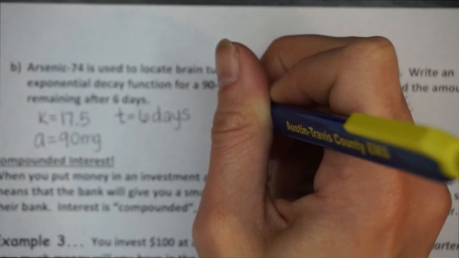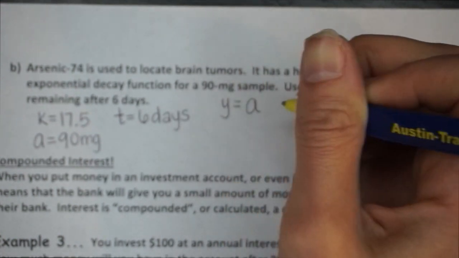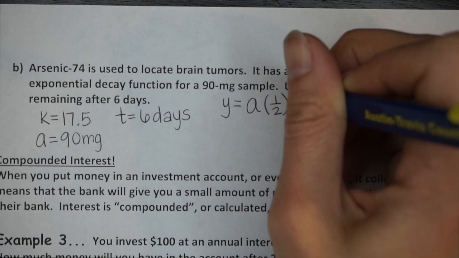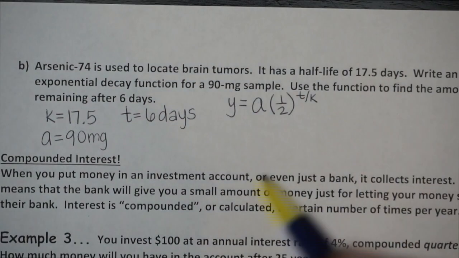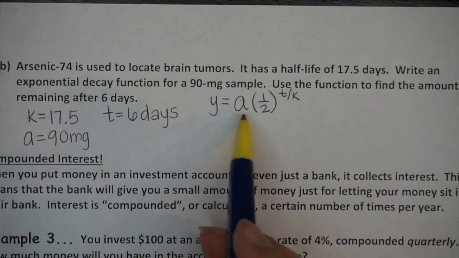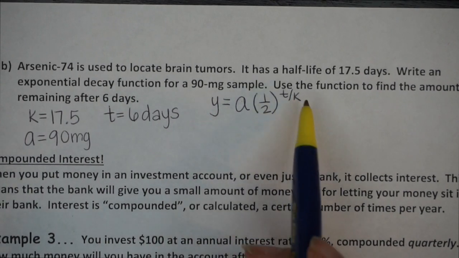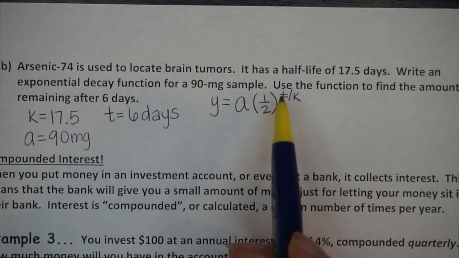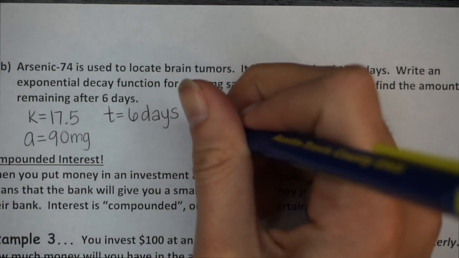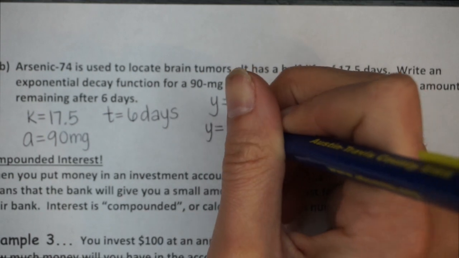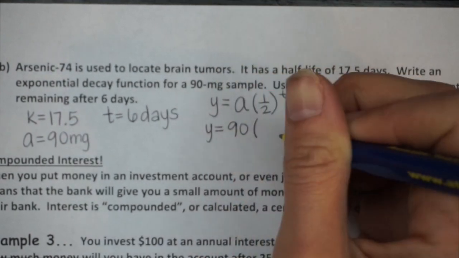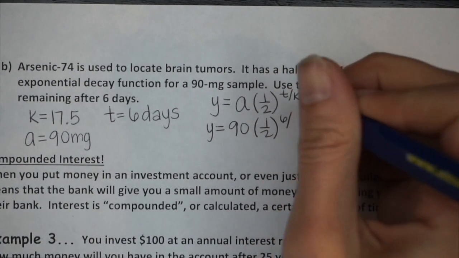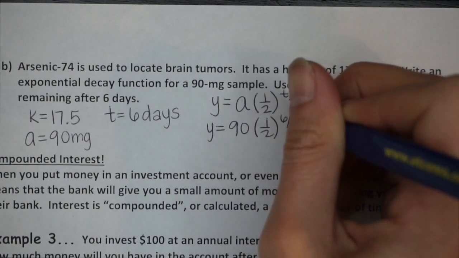Now, all the functions are written in this format, y equals a times 1/2 to the power of t divided by k. We do already know the a value. We know the k value. And we also know the t value that they want us to evaluate. So y equals, let's fill those in, 90 times 1/2. t is 6 divided by the half-life, which is 17.5.